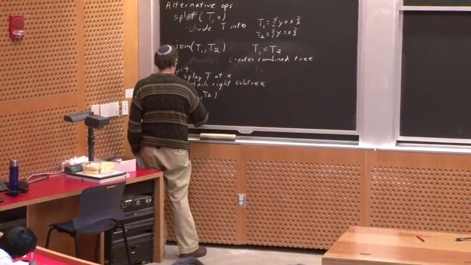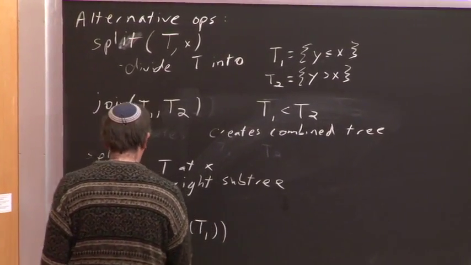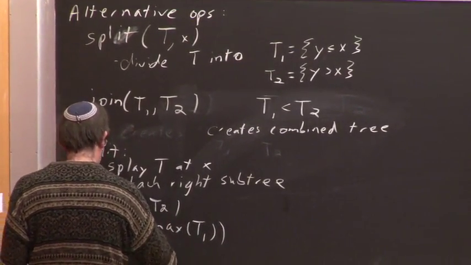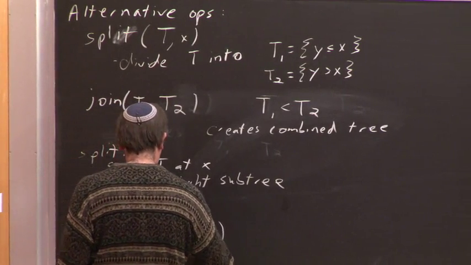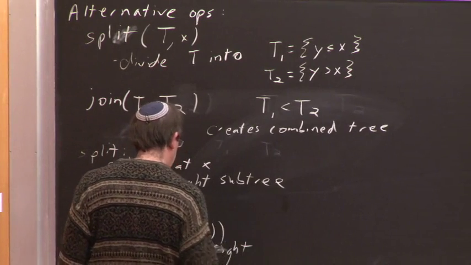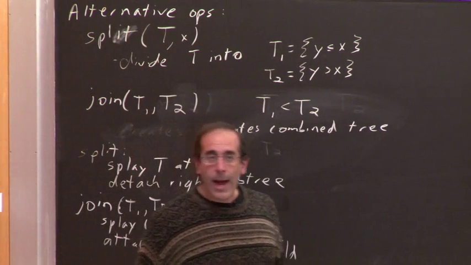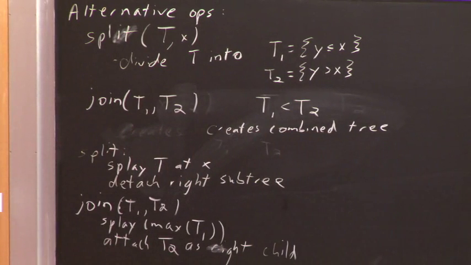So splay the max of T1 and then attach T2 as the right child. Why will I be able to attach T2 as the right child? It's a max, so it's not going to have a right child after the splay, right?